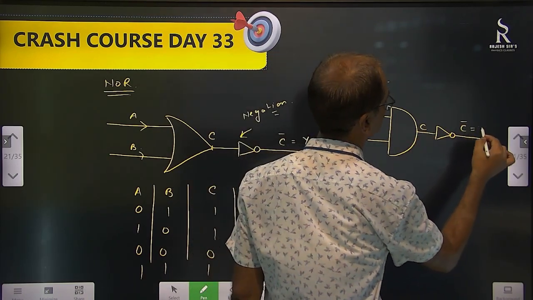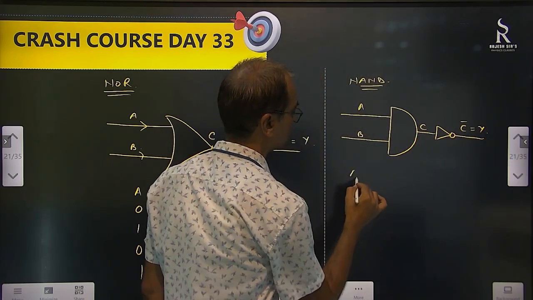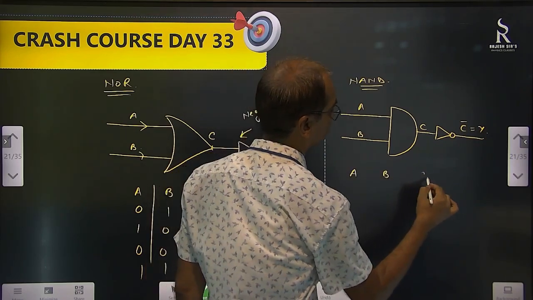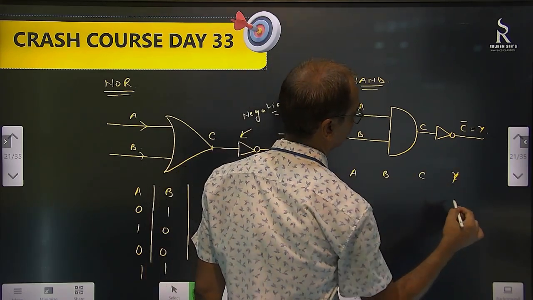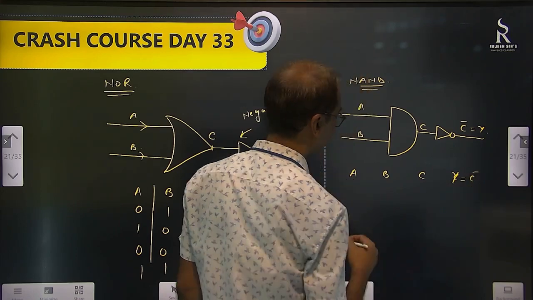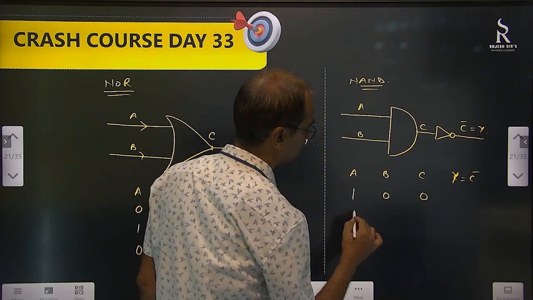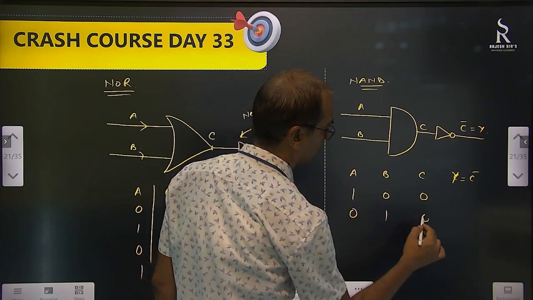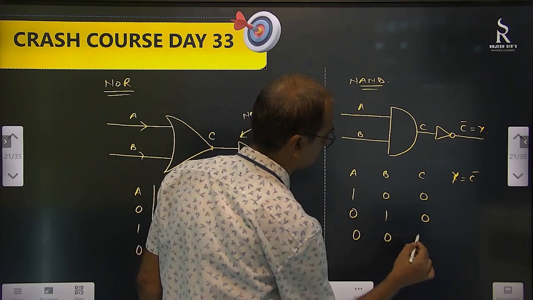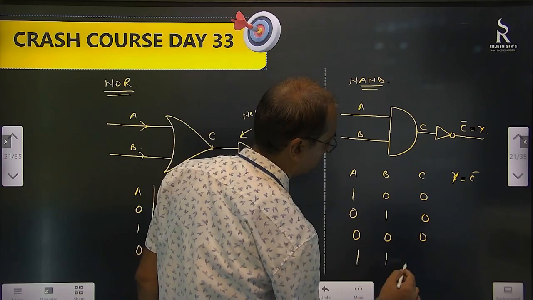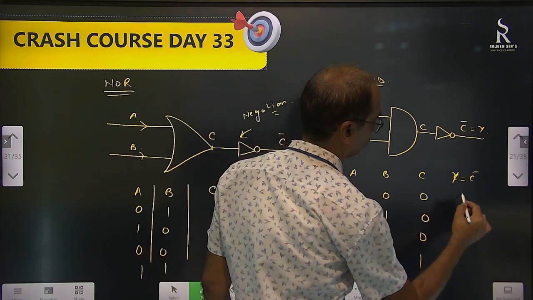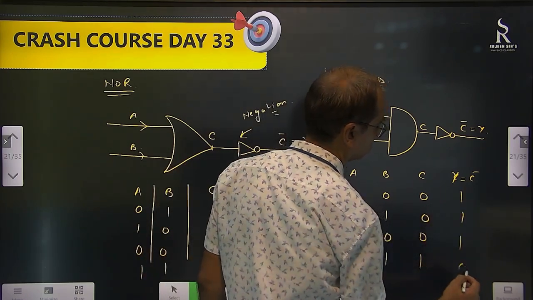We know this is equal to Y. So A, B, C, and Y, which is C dash: 1, 0, this is 0. 0, 1, this is 0. 0, 0, this is 0. 1, 1, this is 1. Now negate it: 1, 1, 1, 0. This is NAND.